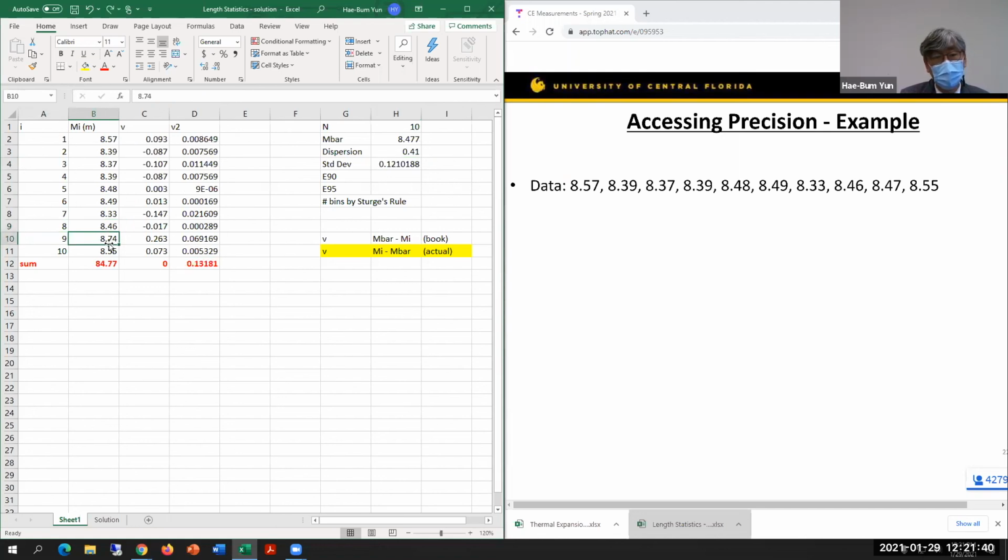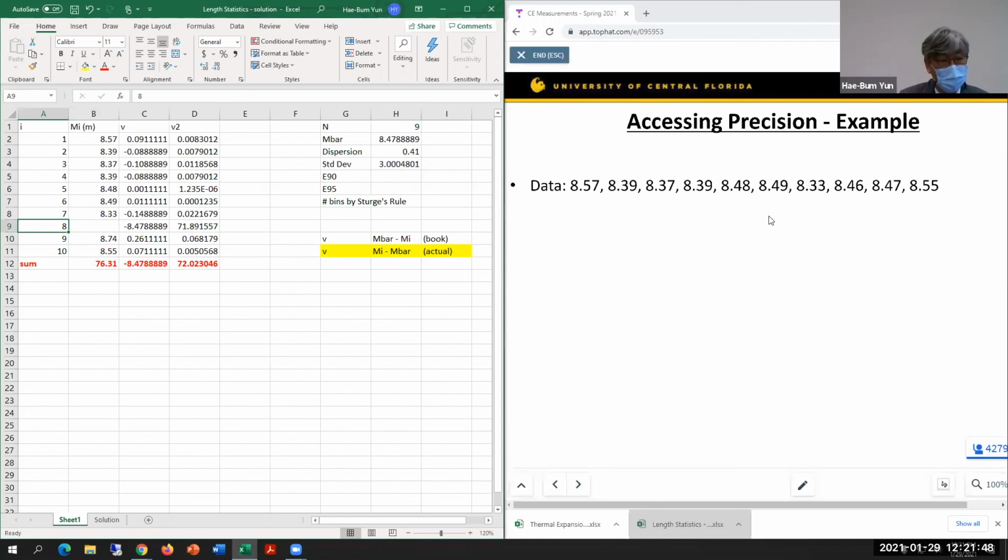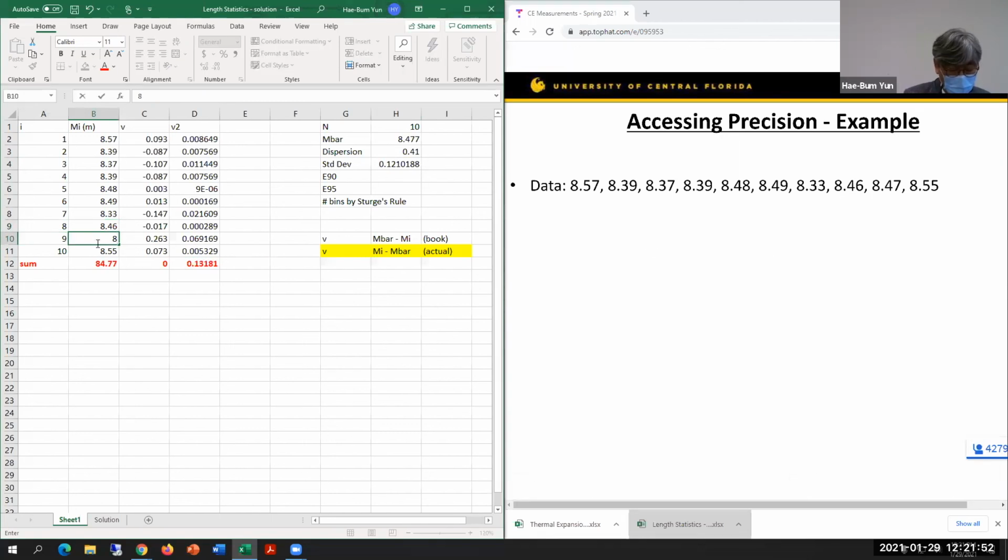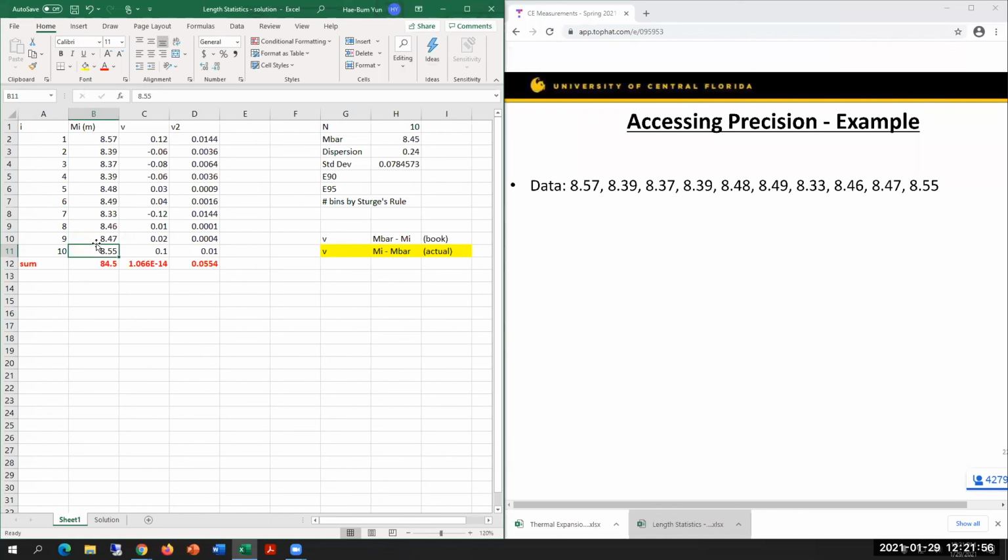So this is actually the typo. So then we have 8.47, and the rest should be the same.